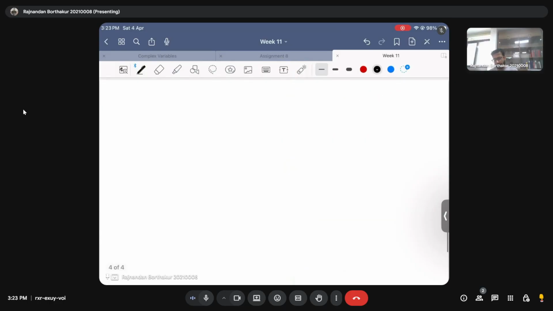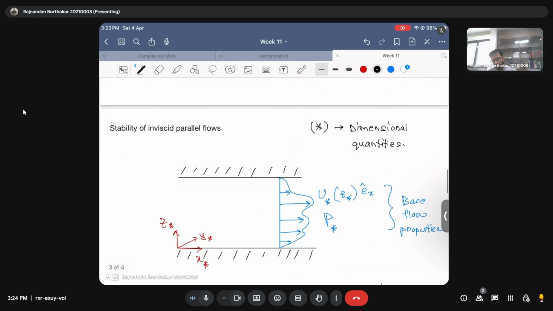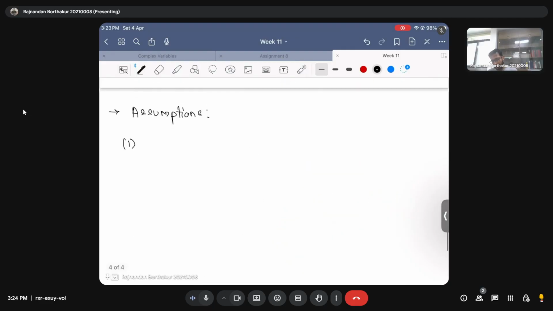So we'll be starting off with writing the assumptions, because this is important with respect to the analysis that we are going to do. So the first assumption is that, as I said, we are assuming that the flow is inviscid.